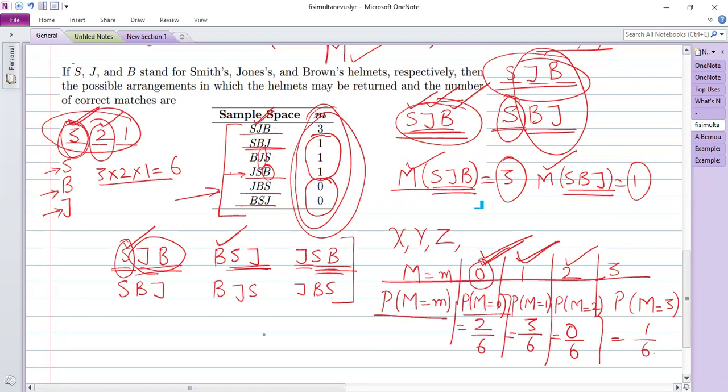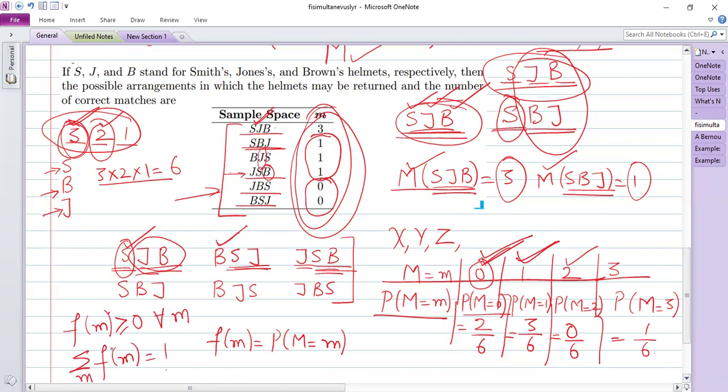If I denote it by f(m), which is nothing but the probability that M is m, then f(m) is non-negative for all values of m, and the sum of all these f(m) over the entire range of m is nothing but 1.